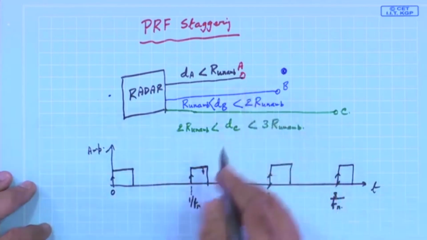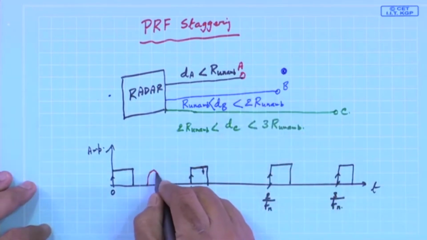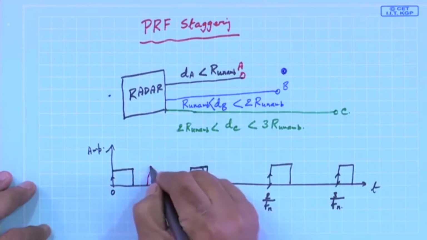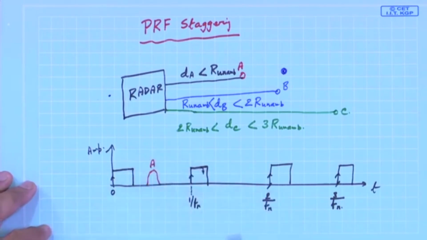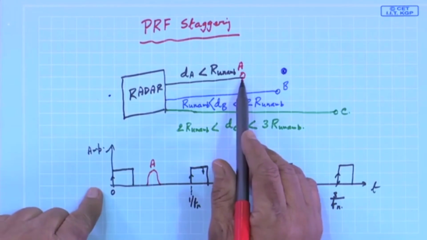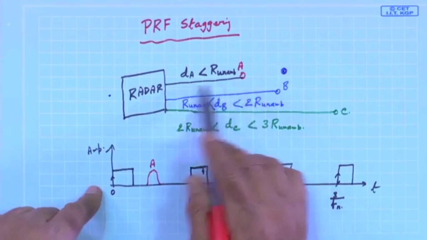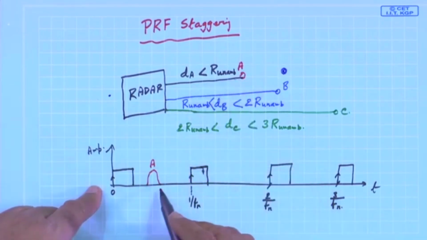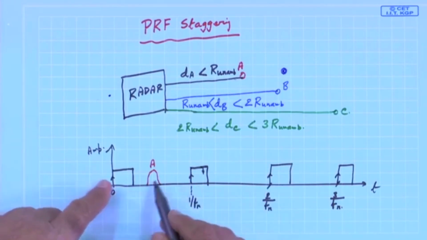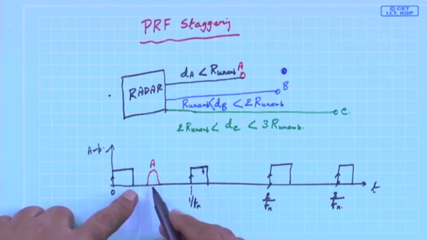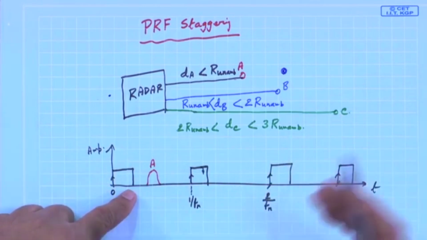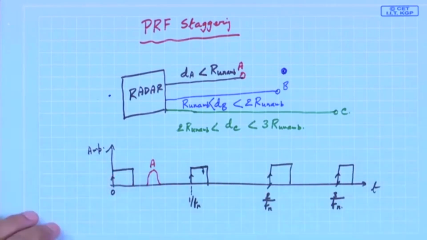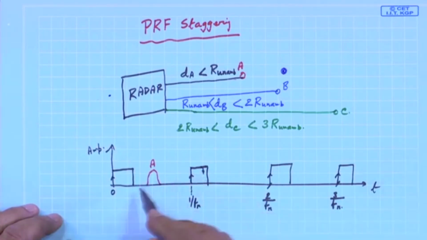Suppose A has come here. I am calling this A, and you see that since only A's distance is less than the unambiguous range, within this period only A will come, others will be second time around echoes or third time around echoes, etc.